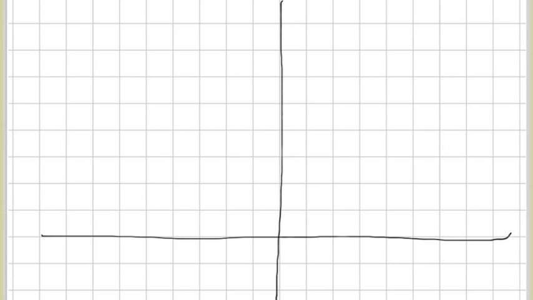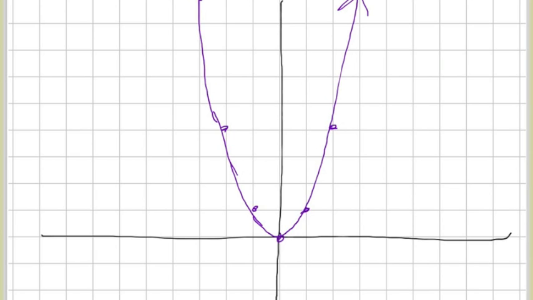I'm going to plot out some points that I know will lie on a nice parabola here. And then if I could only connect the dots. So this is a graph of a parabola.